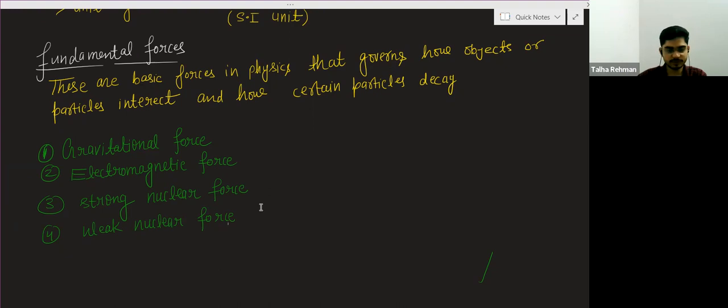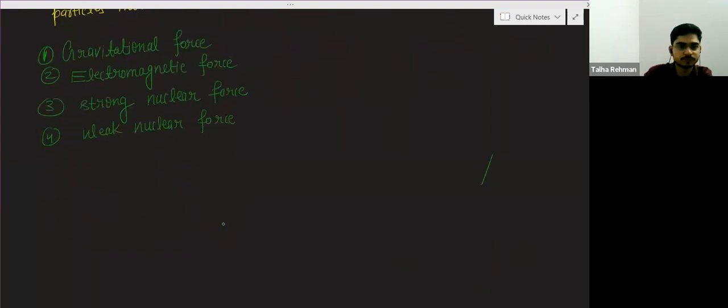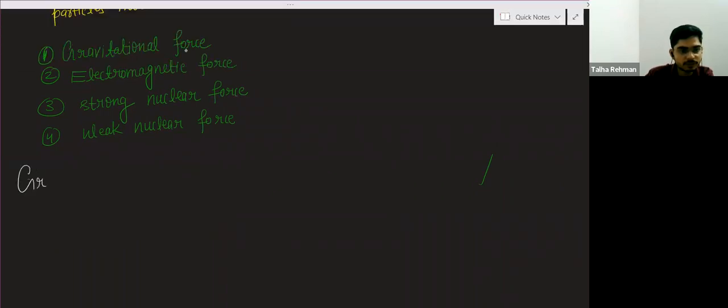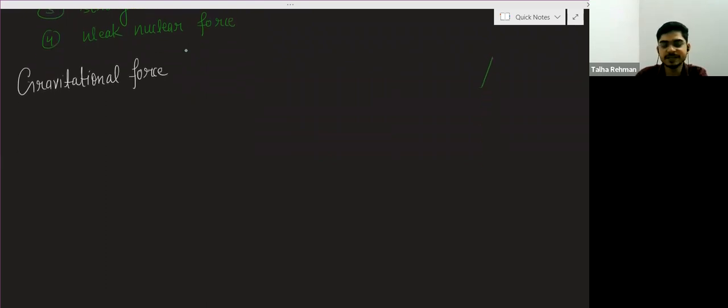First, gravitational force. This gravitational force was given by a scientist named Newton. Basically, what is gravitational force? Suppose this is a mobile phone and this is me. This mobile phone has some mass, and I also have some mass.